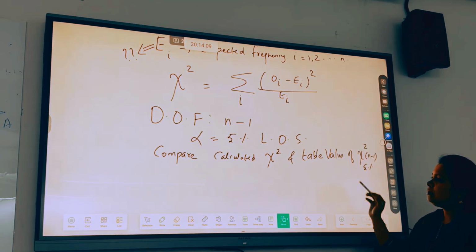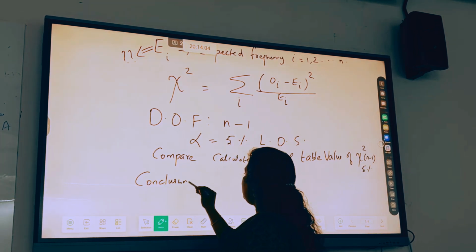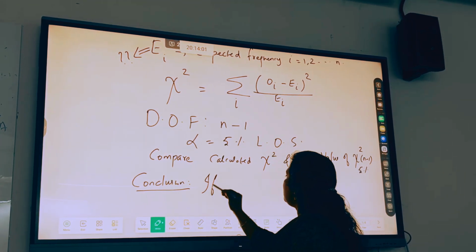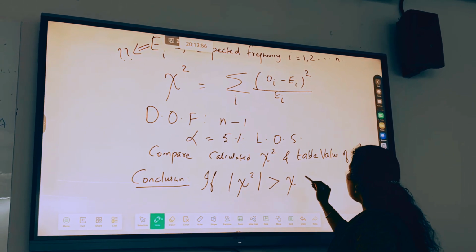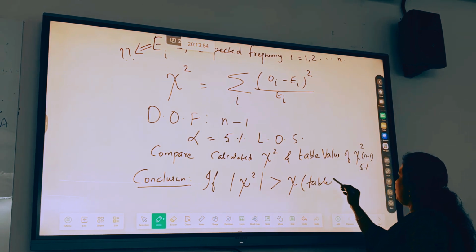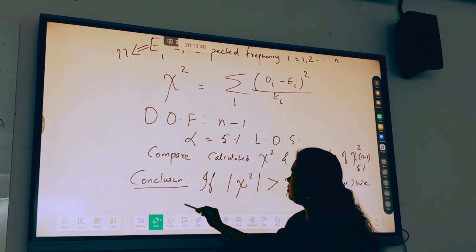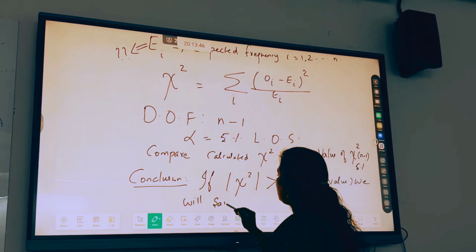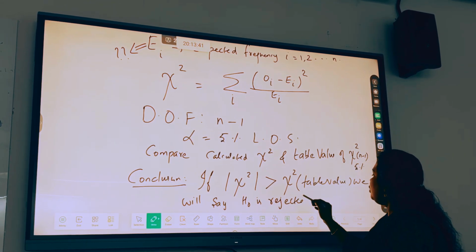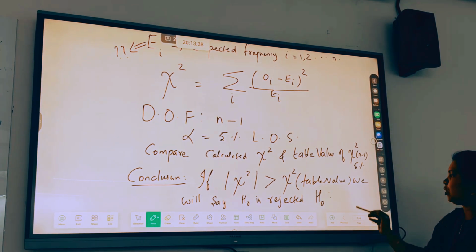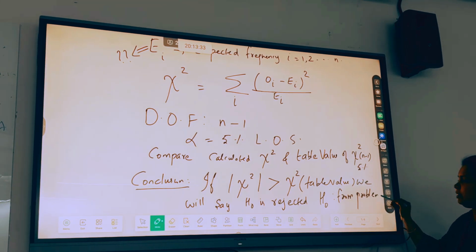So we can come to the conclusion: if the calculated chi-square value is greater than the table value, we will say H0 is rejected. How to find H0 is from the problem. By reading the problem itself, we can say the H0.